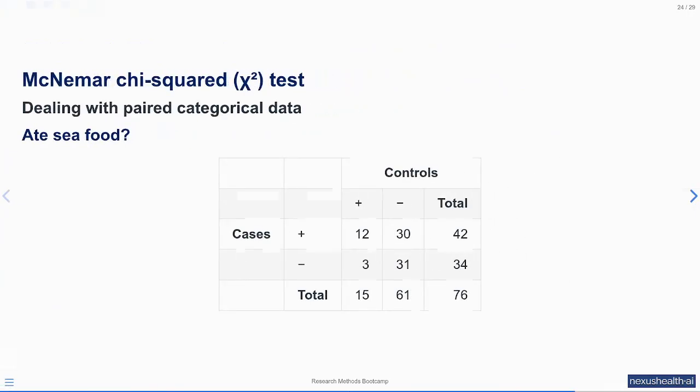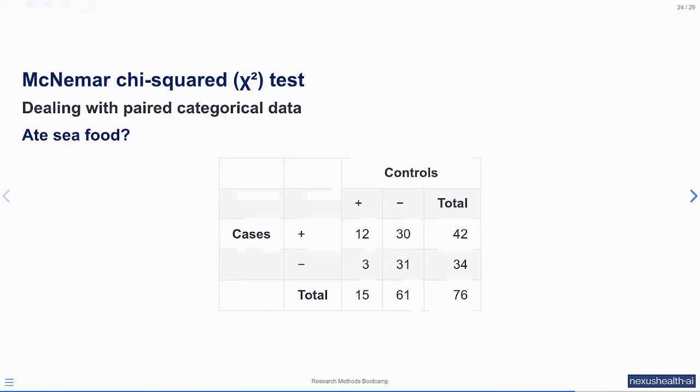So if you look at the contingency table, this is how we represent the data for paired categorical variables. So we have cases, we have controls. And then the question is whether they ate seafood or not. So what we do is we find the cells where there is discordance.